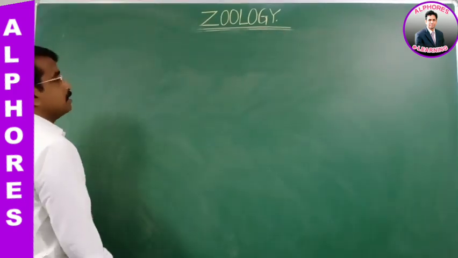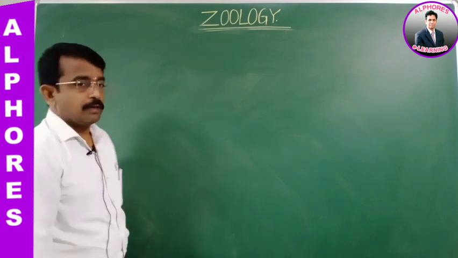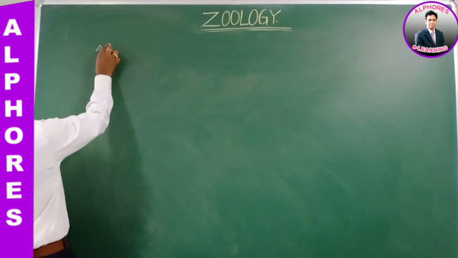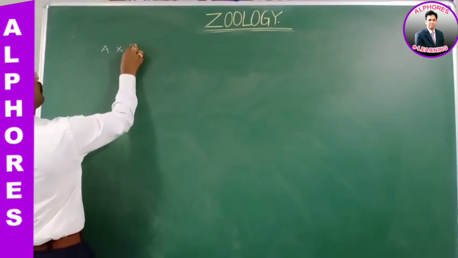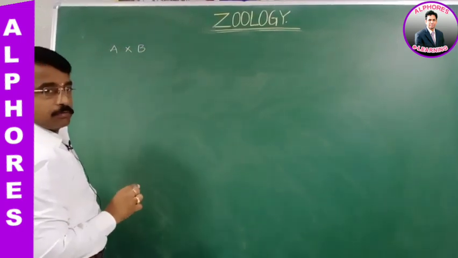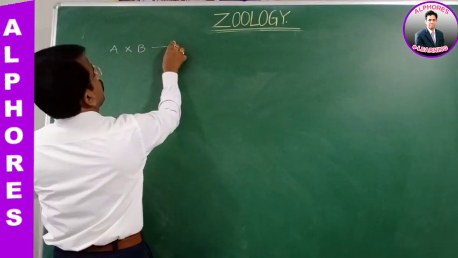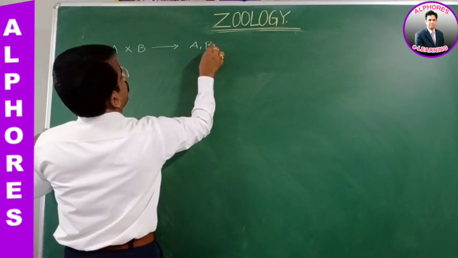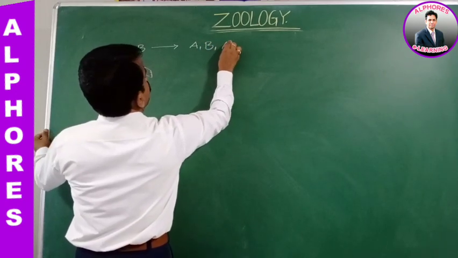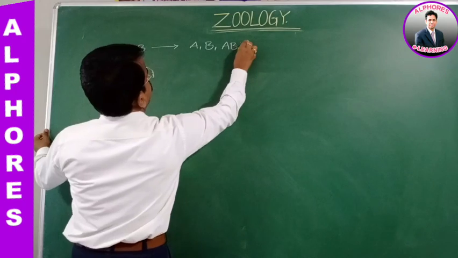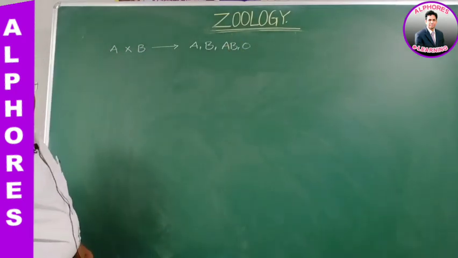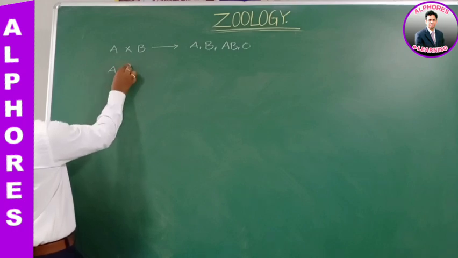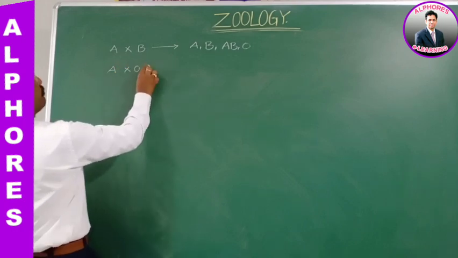So in this combination we have seen that A is the blood group and another is the B blood group. If the parents are AB, the possible blood groups will be AB, A and B. Next, if the parents are with A and O, look at here.